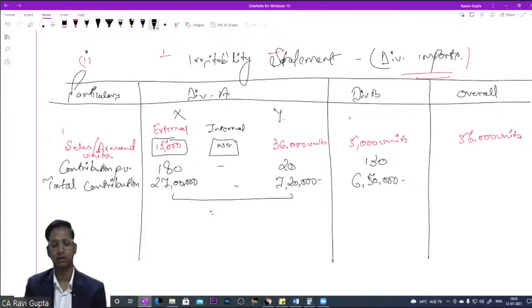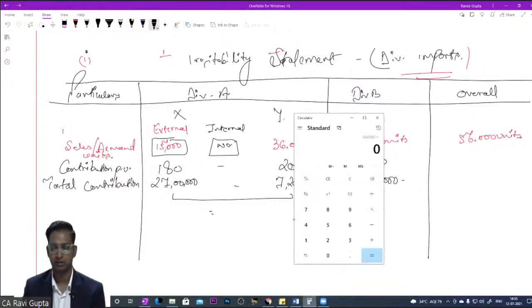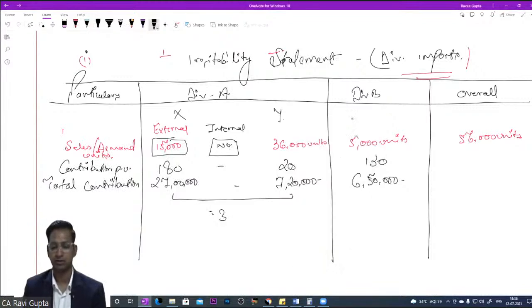The total contribution of division A is 27 lakhs plus 7,20,000. This comes to 34,20,000. 34,20,000 is the total contribution of division A, right?